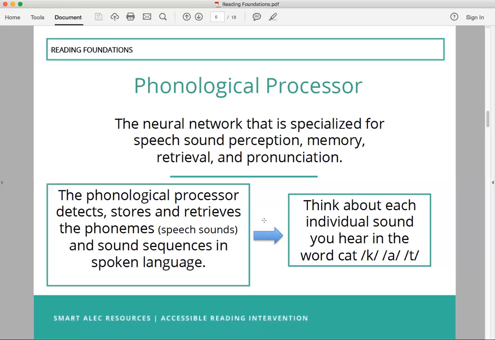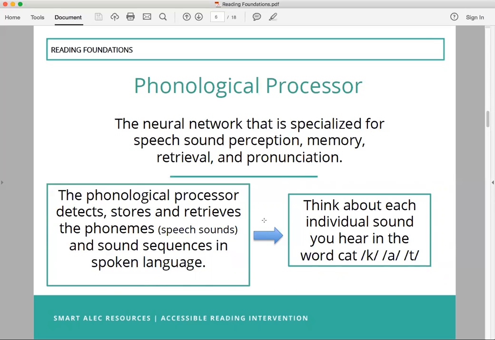So digging in a little bit deeper into the phonological processor, again, that's the neural network that's really designed to hold all the different sounds of a word in our brain. Really, there can be a number of difficulties here. For example, pronunciation.